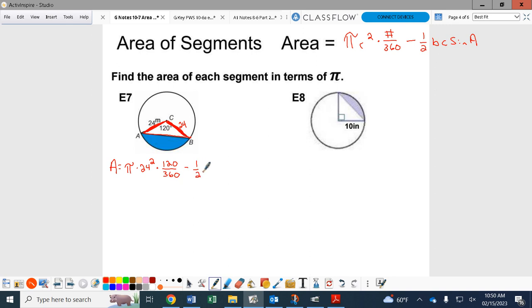Guys, do y'all understand the BC is the same thing as the radius squared again? You can write it as 24 times 24, or you can write it as 24 squared. I don't care. It's the same thing. Doesn't matter. 24 times 24, which is 24 squared, times the sine of 120.